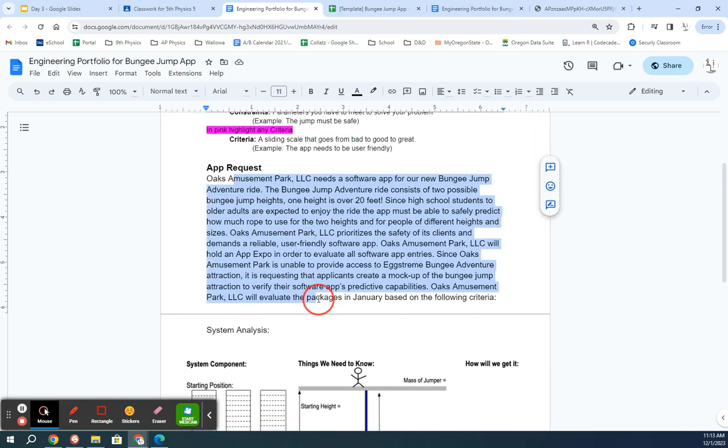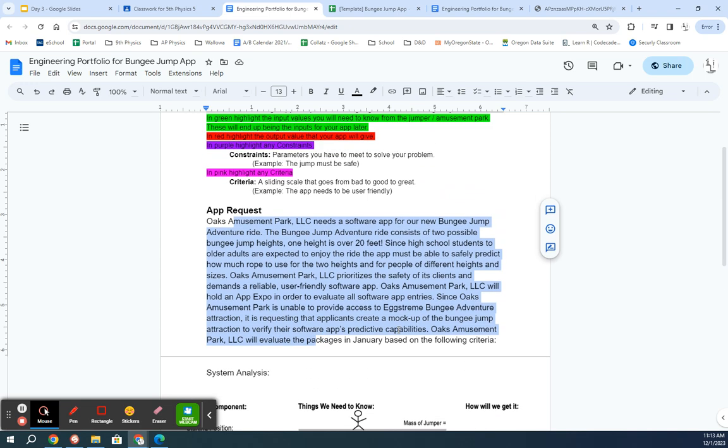So read through that short paragraph and highlight as you go. I'd probably read through it myself first, then go back and highlight, and then look back over it again and make sure that my highlighting was correct and that I wasn't missing any parts.